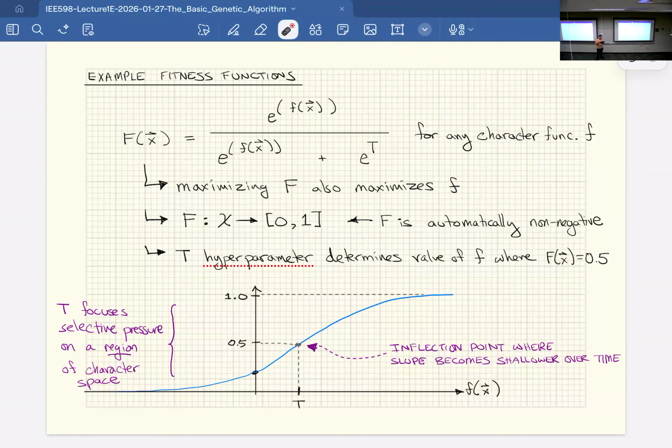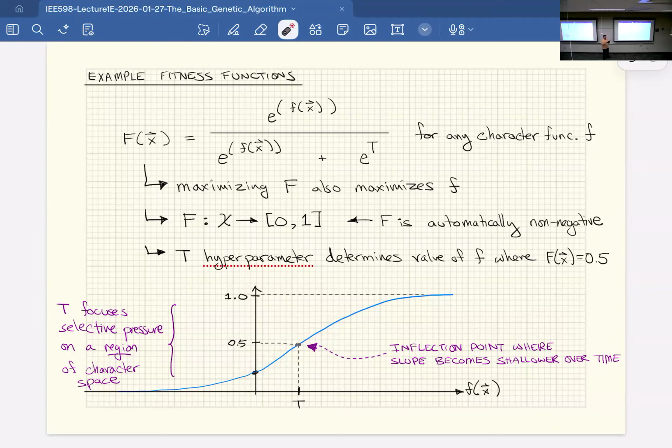Notice that at that point, fitness values are most linear. So around that point at 0.5, small changes in your character value lead to similarly scaled changes in your fitness function.